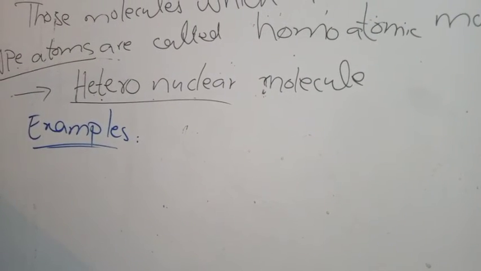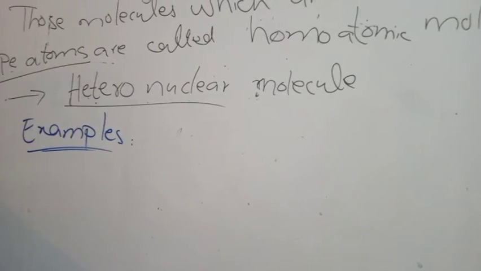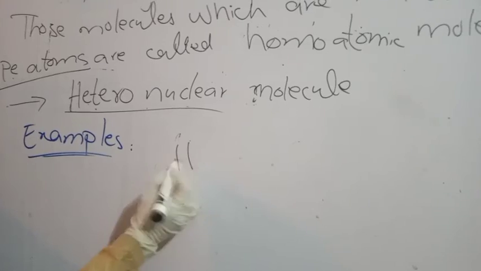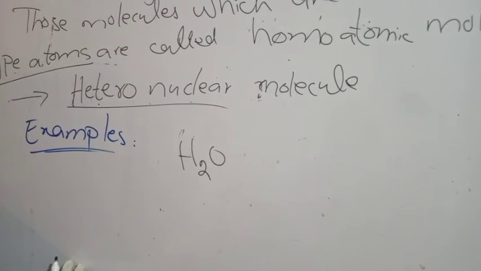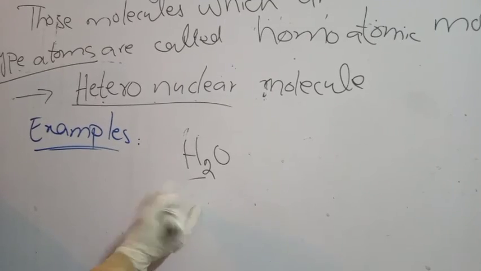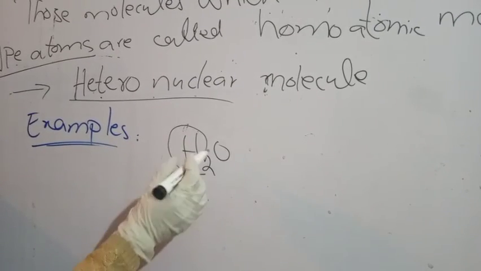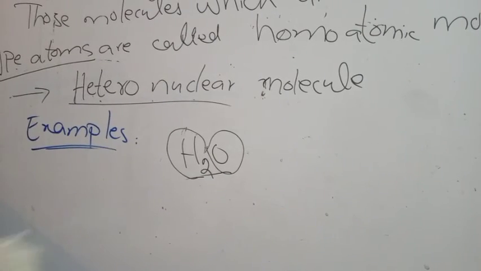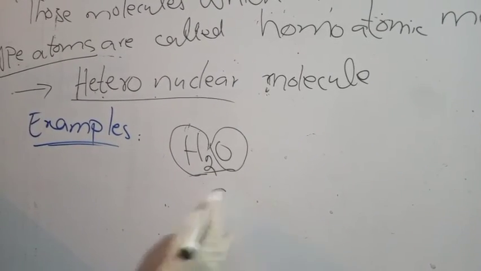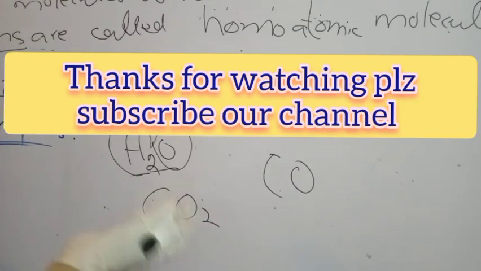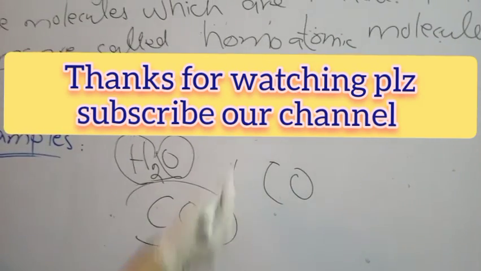For example, the molecule of water is a heteroatomic molecule because hydrogen is one atom and oxygen is another, and both are different types of atoms. Carbon dioxide and carbon monoxide are also heteroatomic molecules.